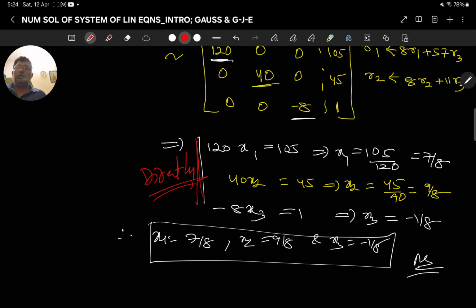To conclude, in view of solving a system of equations, we have direct methods and indirect methods. Indirect methods are basically the iterative methods. Direct methods include the Gauss elimination method and the Gauss-Jordan elimination method. Gauss-Jordan is direct but lengthy, and Gauss elimination needs the back substitution technique.